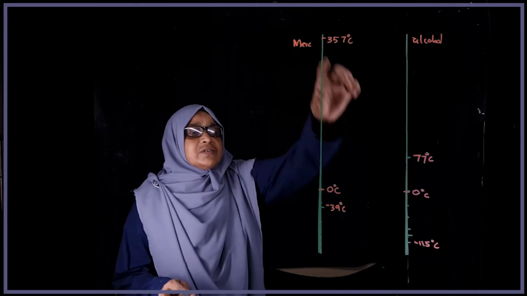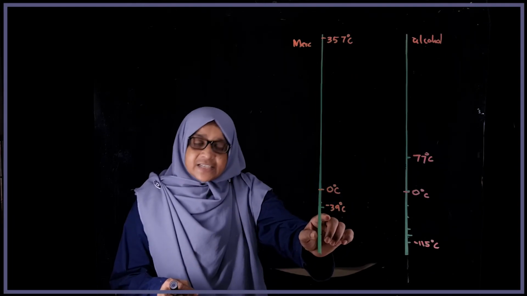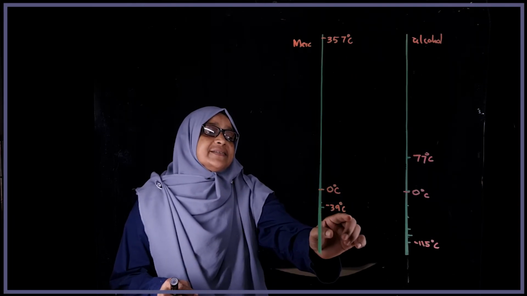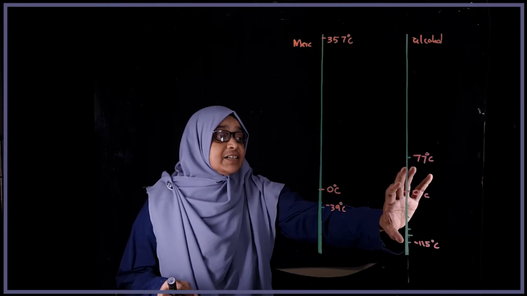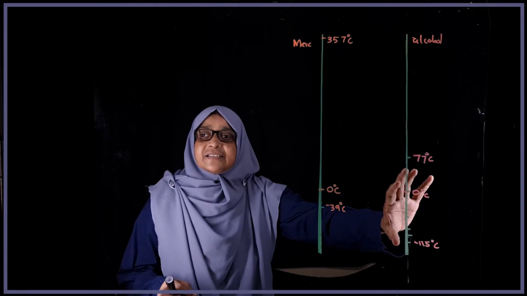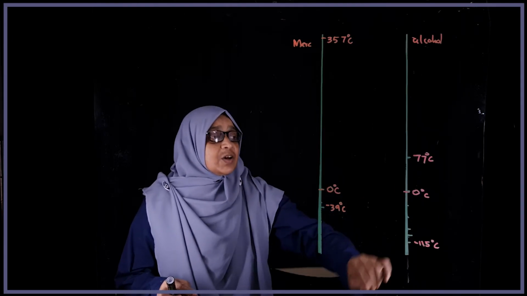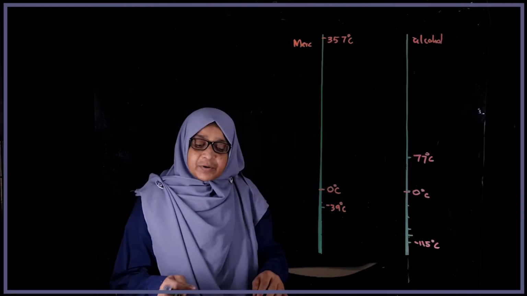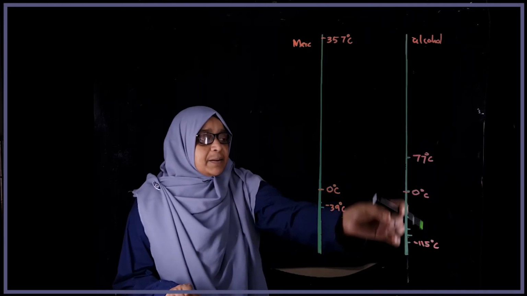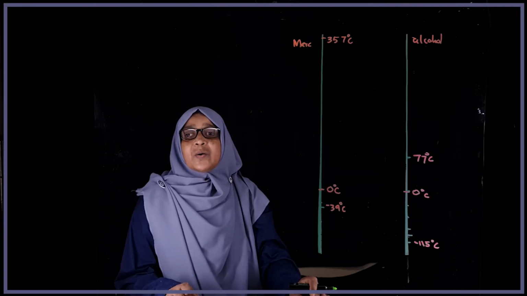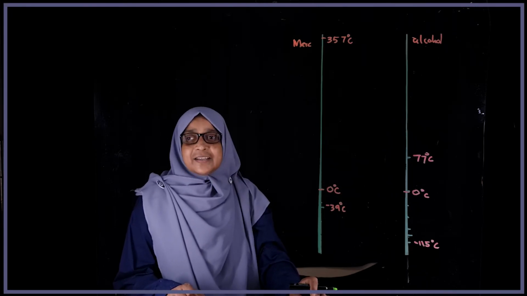We cannot use this to measure the temperatures below minus 39 degrees Celsius. But here this range is larger. So this alcohol thermometer is most suitable to measure the temperatures below 0 degrees Celsius.